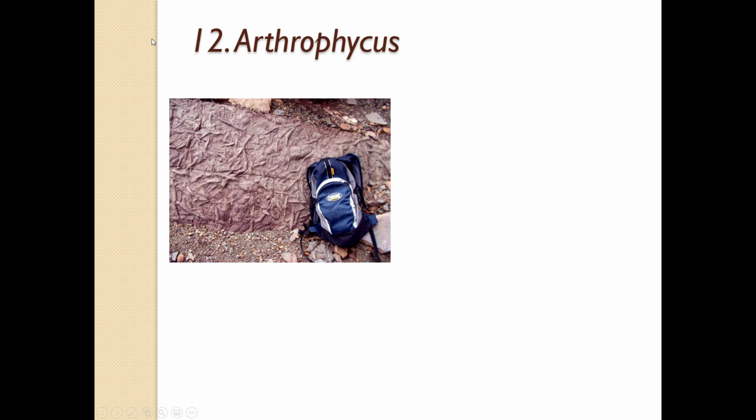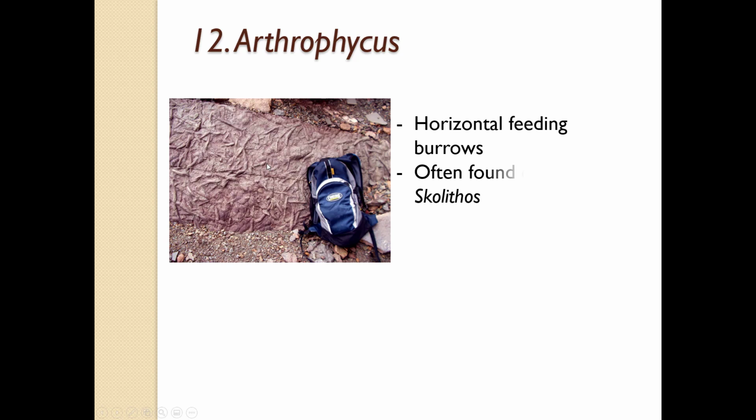So here you can imagine Arthrophycus being connected to vertical burrows, where if this is the top, if you look at my cursor here, this is the seafloor, you can have organisms forming Skolithos by digging around vertically and then finding some of that food, maybe to the right here or to the left. And so that's how these horizontal burrows, which are called Arthrophycus, end up being formed. They're often found connected to Skolithos, and so they're also inferred to be feeding traces.